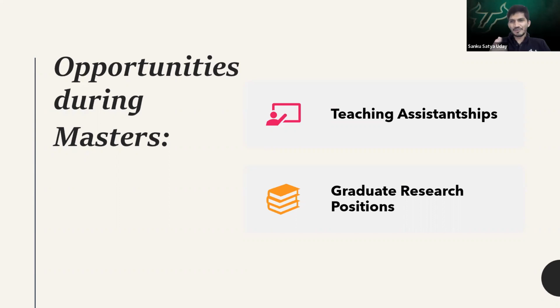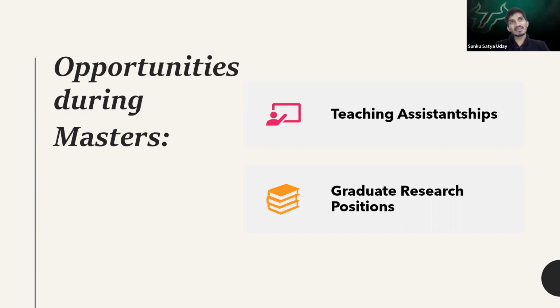If you get teaching assistantships or graduate research positions in the master's of computer science degree, you would also be funded for your education. It may be a 50% tuition waiver or a full tuition waiver. In addition to tuition waivers, you'd get an hourly payment for your work.